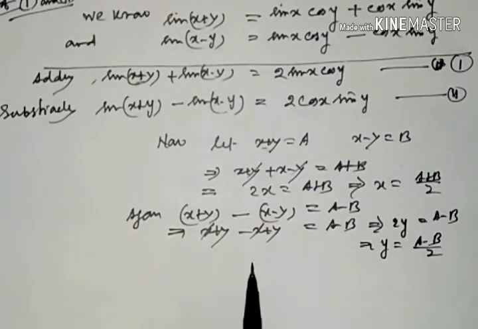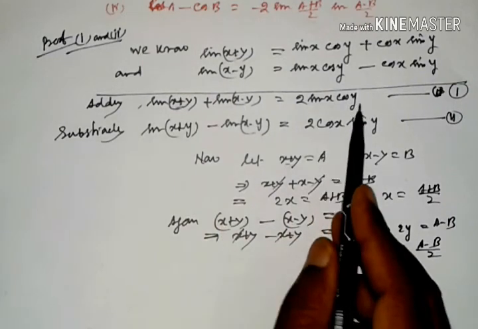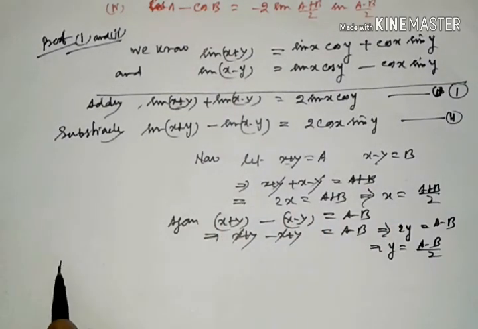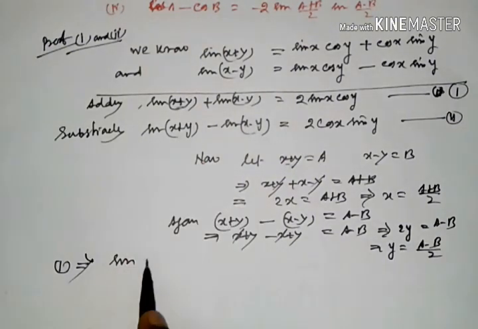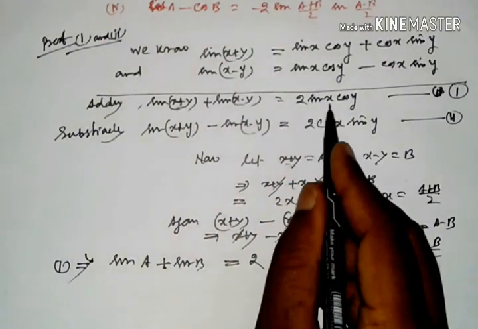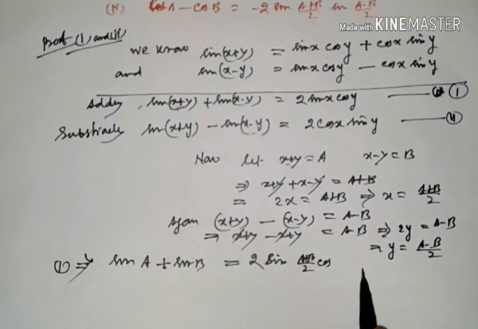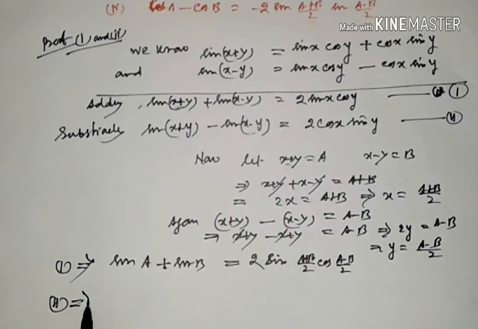Now putting the values of x plus y, x minus y, x and y in 1, we get sin a plus sin b is equal to 2 sin a plus b by 2 cos a minus b by 2.